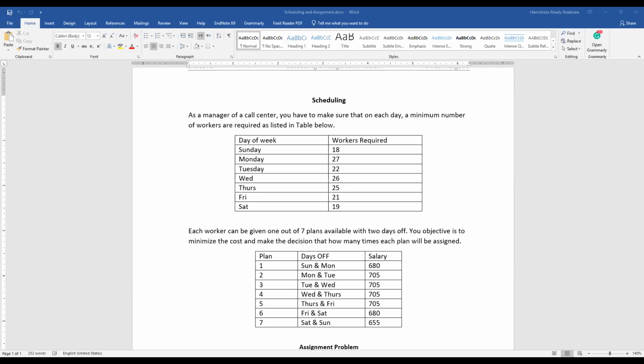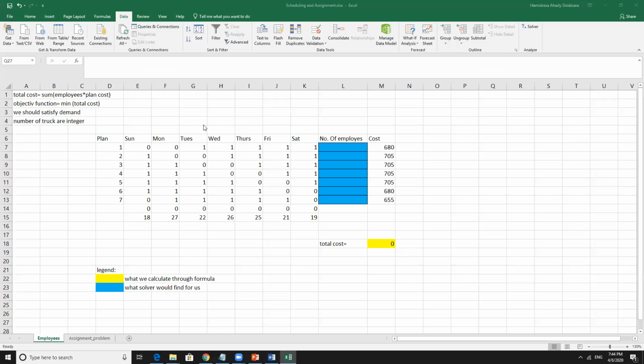Okay. So again, the total cost is the summation of the number of employees in each plan. Our objective function is minimizing total cost. And we know that we should satisfy our demand and, oh, sorry, there's another typo here. Number of employees are integer.